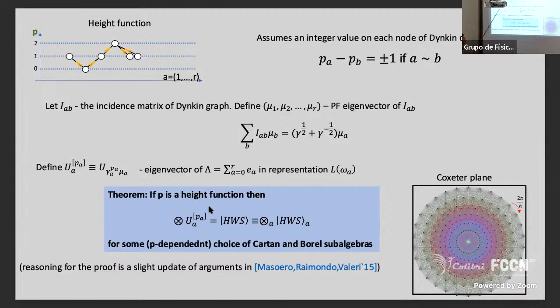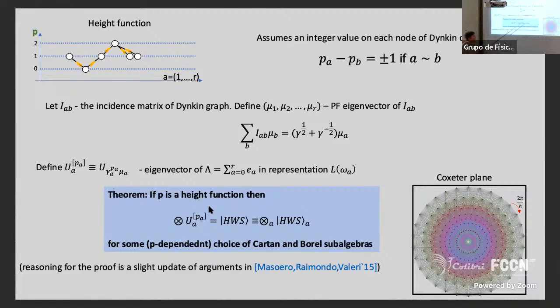Then let's consider the incidence matrix of the Dynkin graph, and consider an eigenvector of this matrix with this eigenvalue, where gamma is an h-th root of unity. If you know Perron-Frobenius theory, this is the Perron-Frobenius eigenvector. All the mu's will be positive reals, and you can normalize in some way you want.